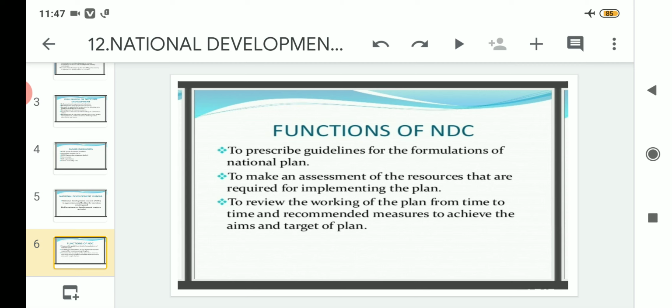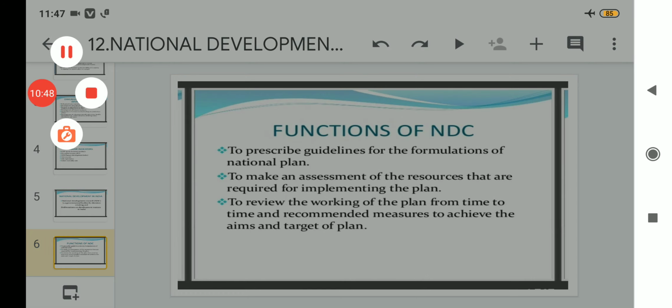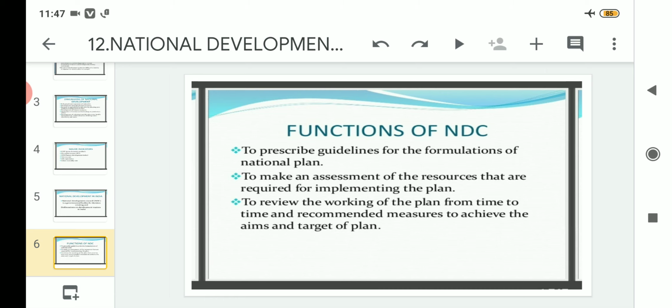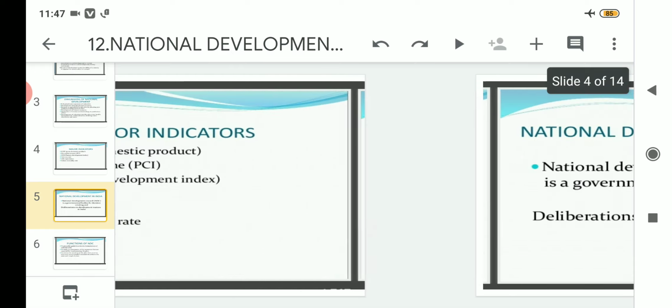At least by giving measures, some solutions, they can achieve the target or aim. With that view in mind, they review the working of the plan from time to time and also provide some solutions. Clear? So with this, I will wind up today's topic related to the National Development Council.